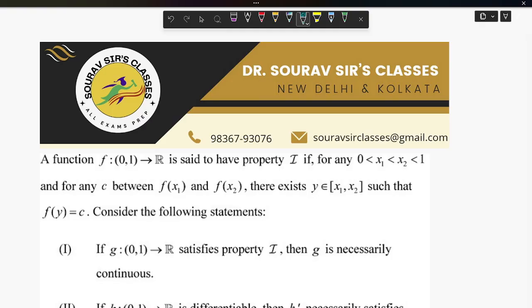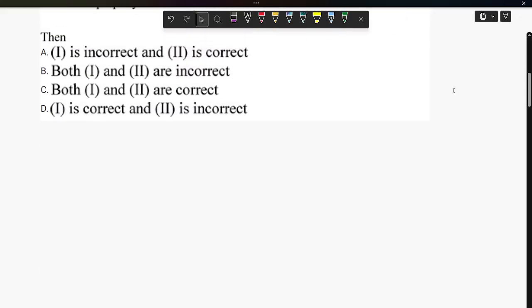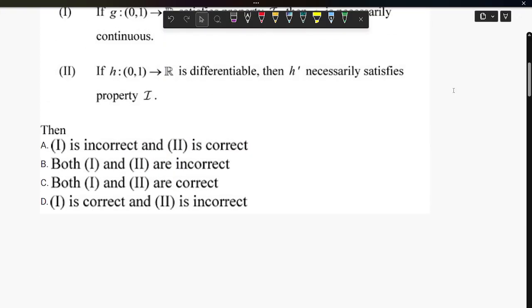Okay. So statement 1 is telling us that if g from open (0,1) to R satisfies property I, then g is necessarily continuous. And statement 2 is telling us that if h from open (0,1) to R is differentiable, then h dash necessarily satisfies property I. So then there are four options here.